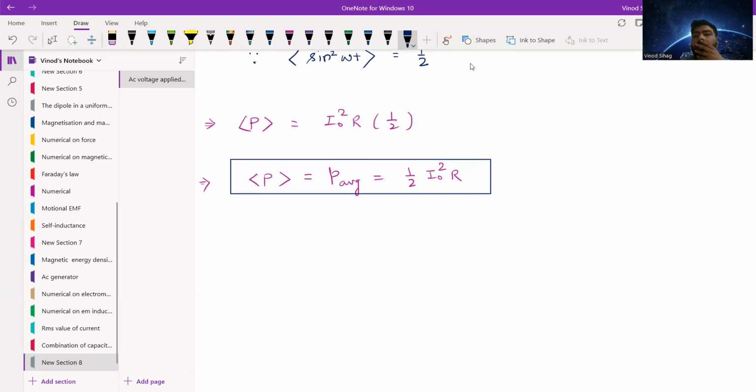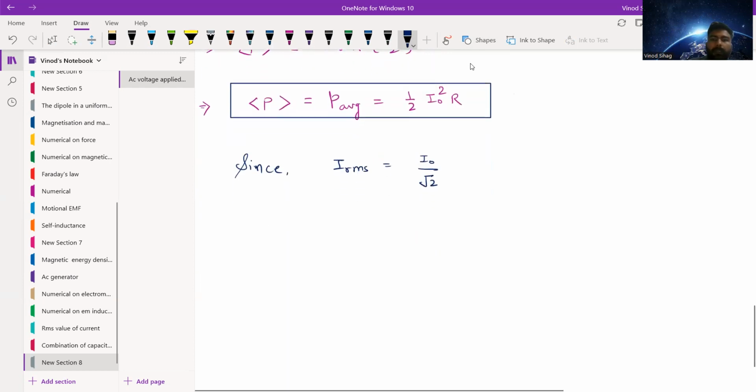We know another relation also, in terms of I RMS current. I RMS is nothing but I naught by square root 2. If we square both sides, then we get I RMS square equals I naught square by 2.